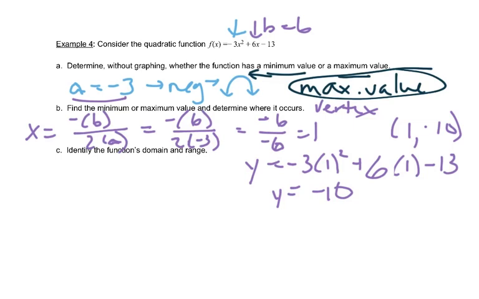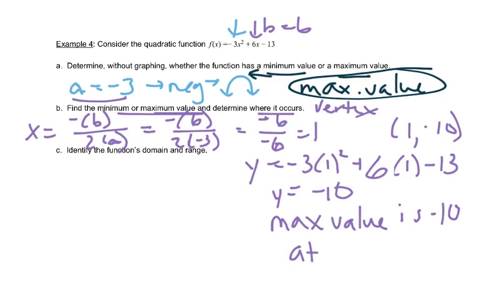Okay, so it asks for the maximum or minimum value, and we know it's a maximum, so we would say the maximum value, and remember that value means y value, is -10. And then it says where, so it's at x equals, and up here we found x was 1. So the maximum value is the y value, and then the where part is the x value.